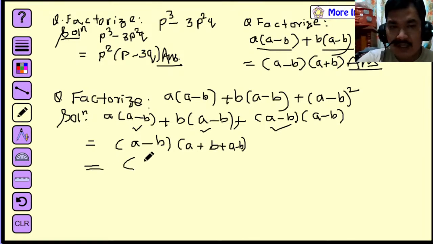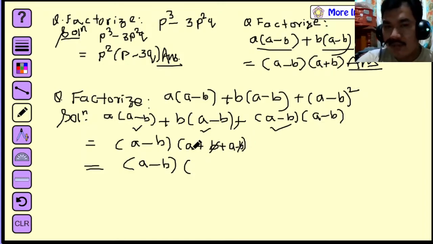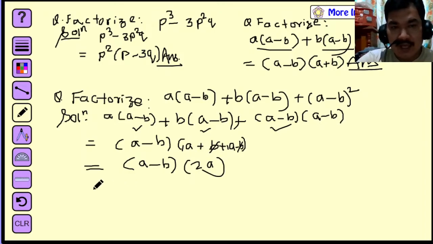In the same bracket, there are like terms: plus b and minus b. We can cancel, it will be 0. B minus b is 0, then a plus a is 2a, because its coefficient is 1, and the other coefficient is also 1. Then the answer should be written like this: 2a multiplied with a minus b.